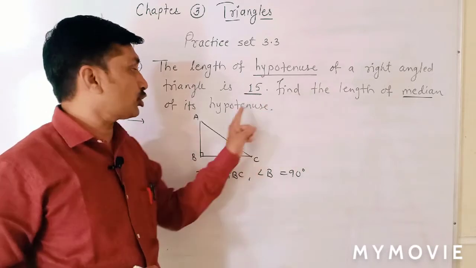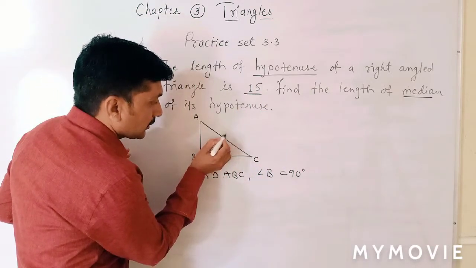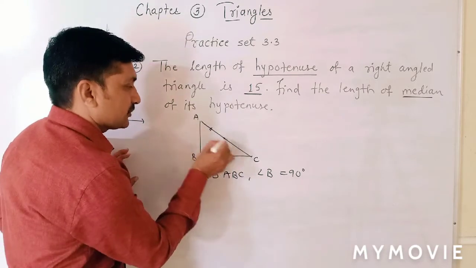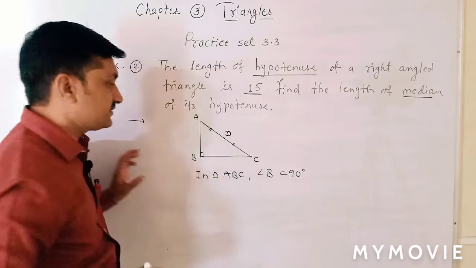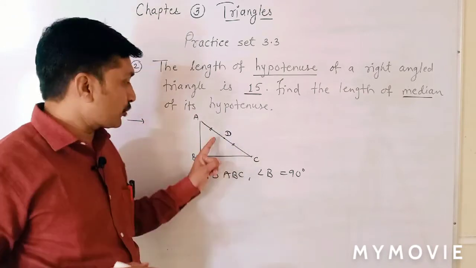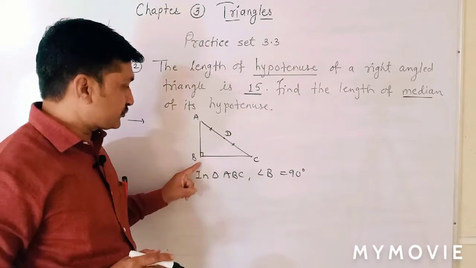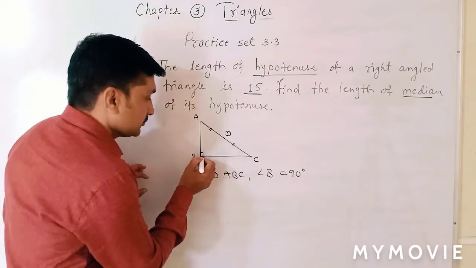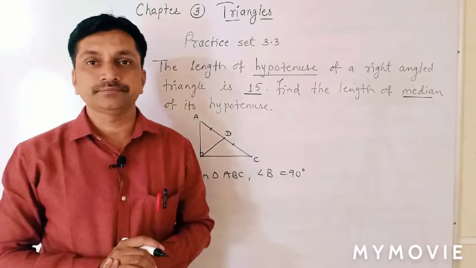The midpoint will lie on the hypotenuse. This is D. D is the midpoint of AC, the hypotenuse. If we join the opposite vertex with this midpoint, that is called the median. Now here BD is the median.